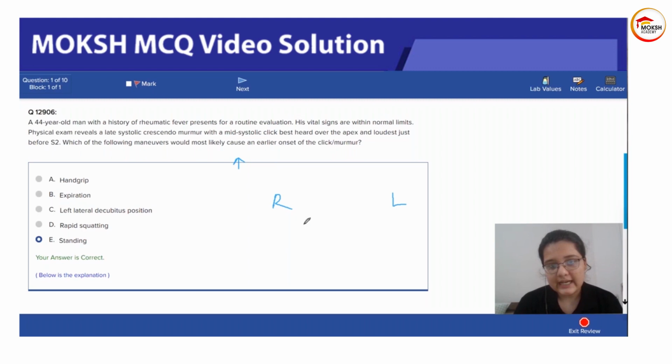So your right heart is facing more preload because of increased venous return. Because there is more preload, there is more blood, which means all the right sided murmurs will worsen, will become louder.